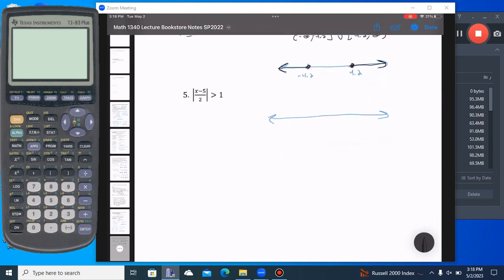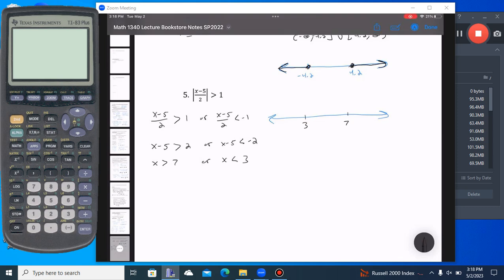Okay, last one, we'll have x minus 5 over 2 has to be greater than 1, or x minus 5 over 2 has to be less than -1. And multiply by 2, you get x minus 5 is greater than 2, or x minus 5 is less than -2. Add 5, you get x is greater than 7, or x is less than 3.